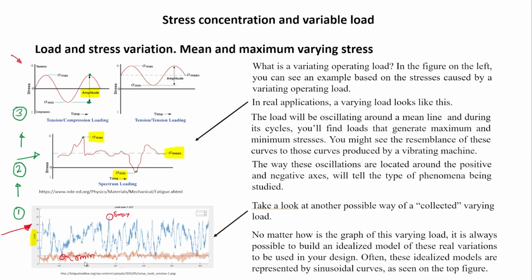Yeah, it is possible, but it's too noisy. Then the way this load variation is positioned vertically with respect to the zero axis is going to give a specific name to the type of loading. Let's see it.